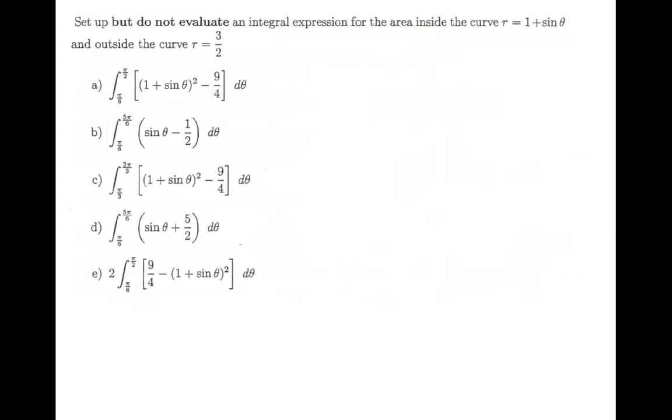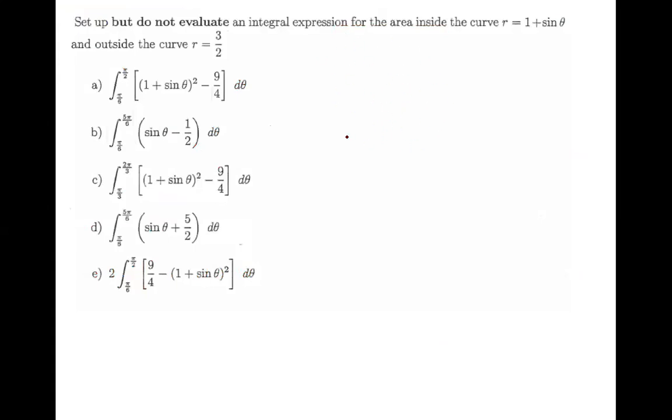Set up, but do not evaluate, an integral expression for the area inside the curve r equals 1 plus sine theta, and outside the curve r equals 3/2, which is just a circle. Do you think I will try to do it? And maybe you, if you have a pencil and paper, can try to do it.